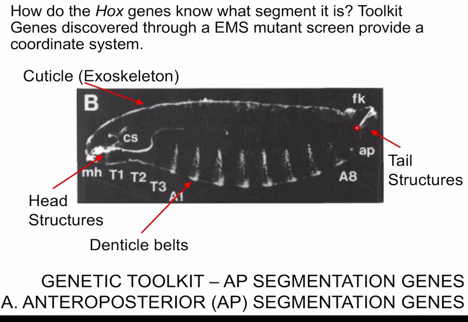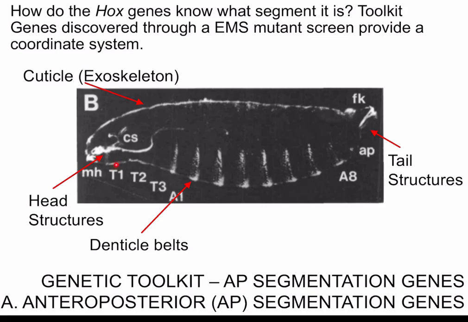For example, at the tail there are tail structures, and at the head there are head structures, and it is also possible to tell the different segments by the denticle belts, the shape and placement of denticle belts on the cuticle. Denticles are these hairs that stick out of the exoskeleton, and you can determine the segment by looking at the pattern or arrangement of these denticles.